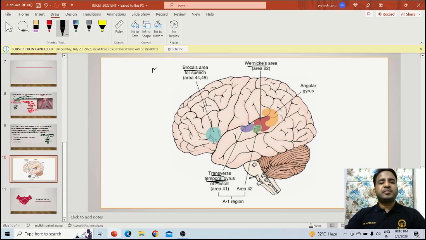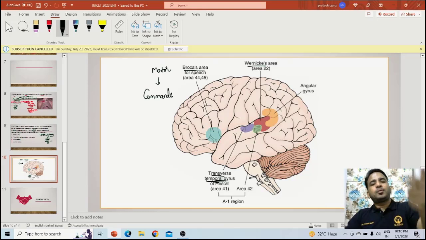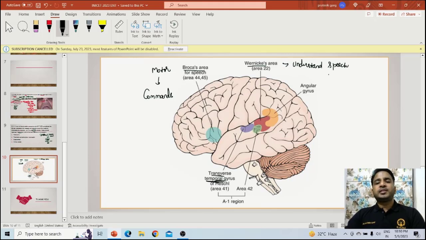Broca's area is area number 44, which is a motor area. It gives the commands and forms the speech. Whatever the patient understands, the response to that, whatever he commands and whatever speech he gives, is by Broca's area. Wernicke's area is a sensory area. It perceives and understands speech. Whatever we listen to, understanding the speech is a function of Wernicke's area.